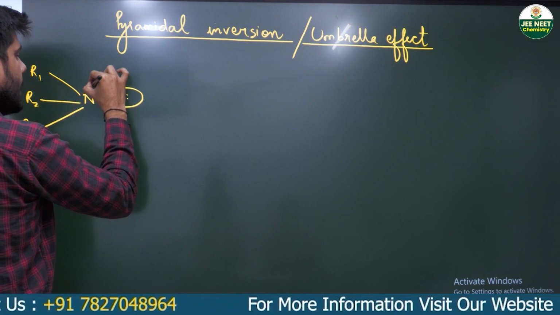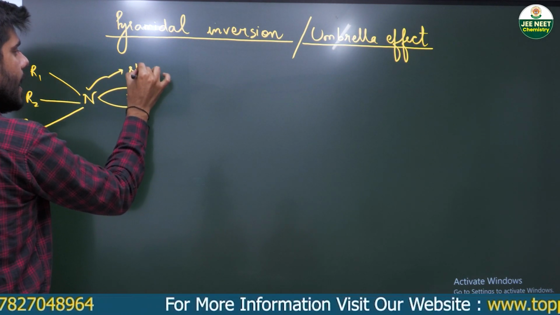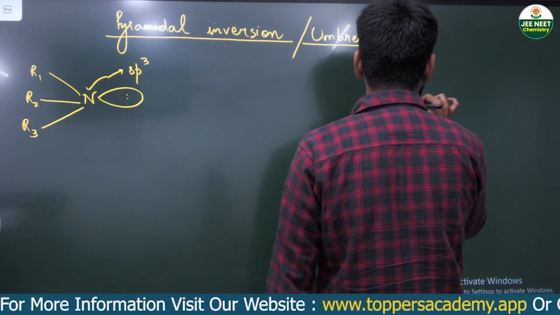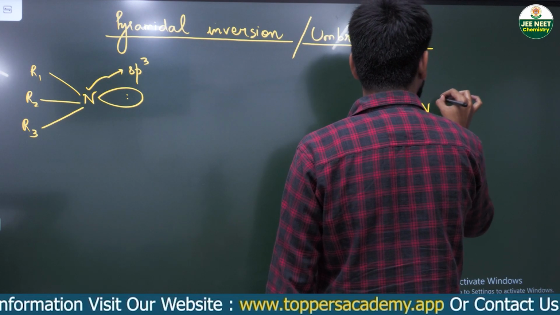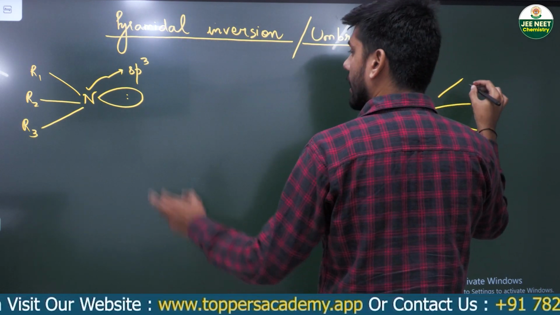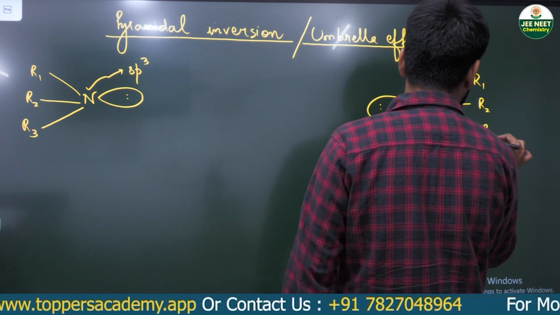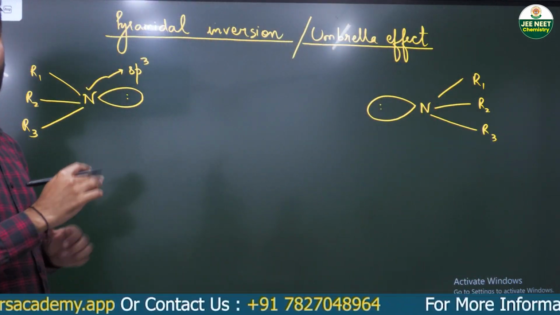So the hybridization here is sp3. And obviously its enantiomeric form, non-superimposable mirror image will be something of this sort. Let us say this is R1, R2 and R3. So these are your enantiomeric forms.